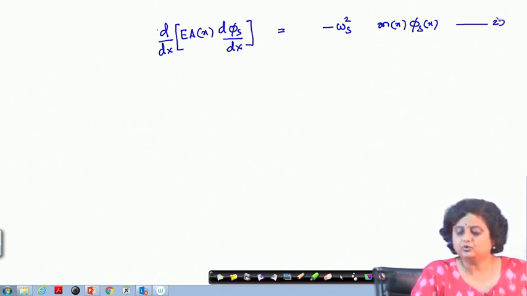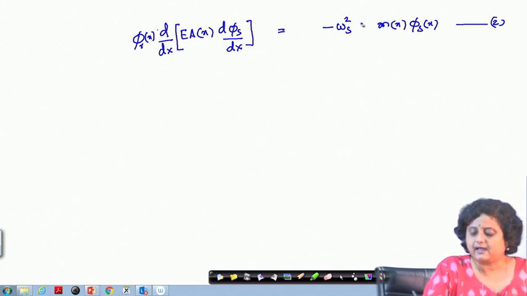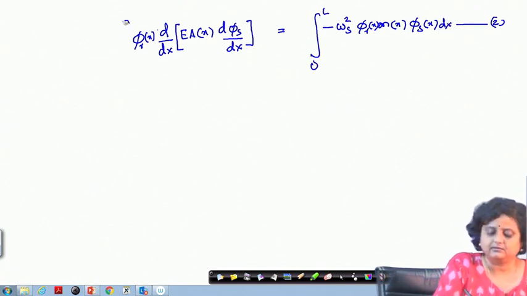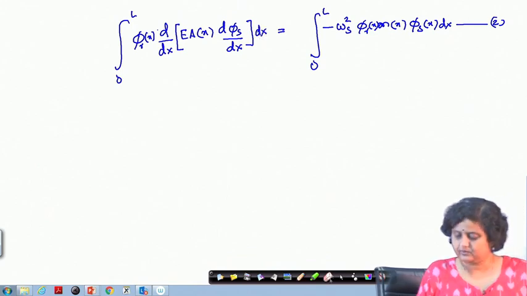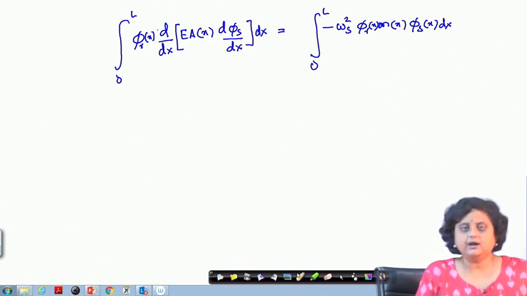So, what I do to equation 2 is I multiply with phi r x and integrate it between 0 to L. And I do a similar procedure.